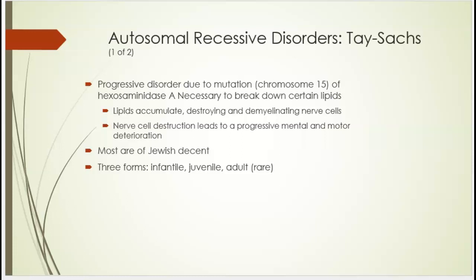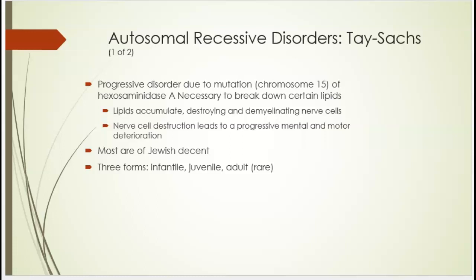Autosomal recessive disorders, Tay-Sachs. So this is progressive. Hexosaminidase is the substance that is necessary to break down certain lipids. If they can't break them down, these lipids accumulate around the nerve cells, and the nerves get destroyed.